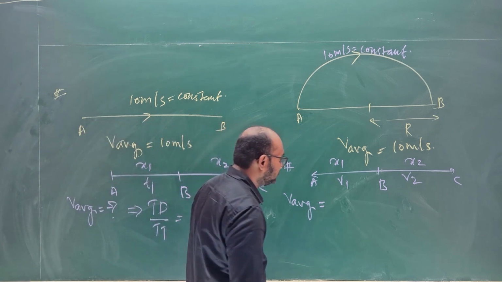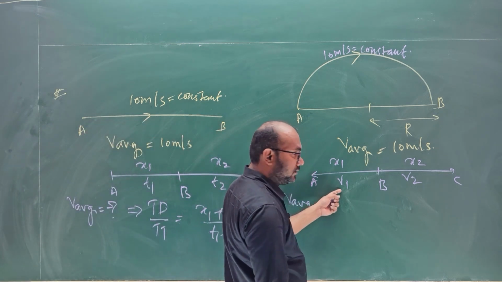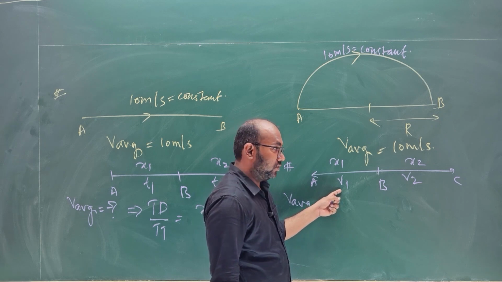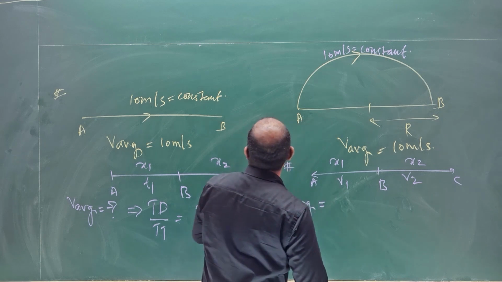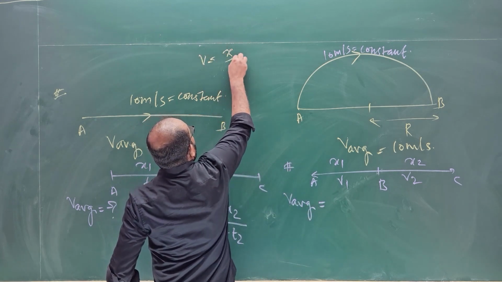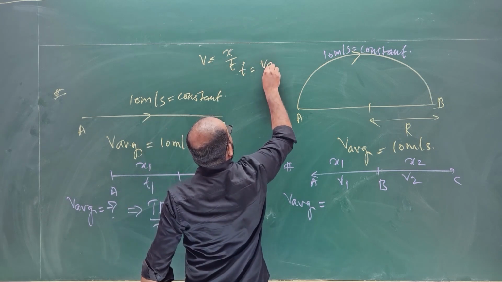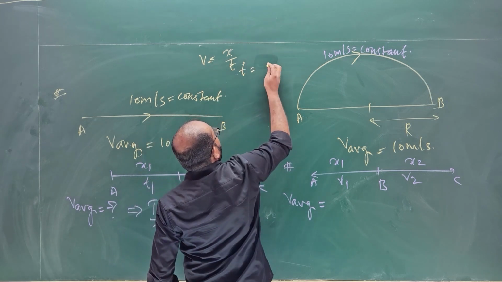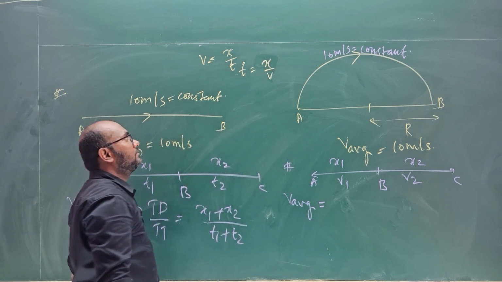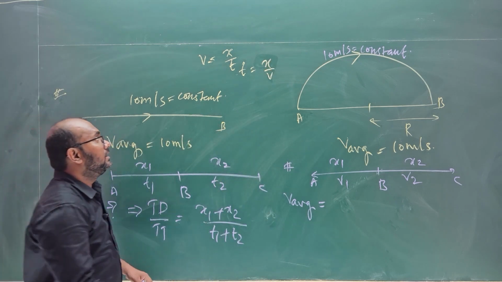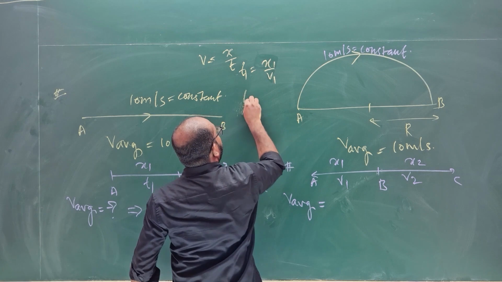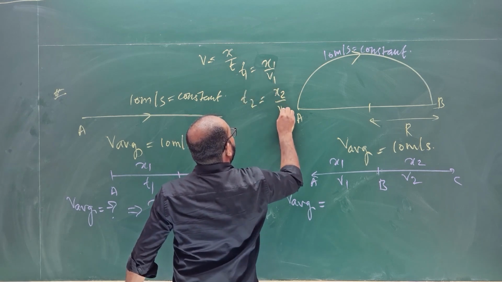Do we have T1 and T2? No. That means velocity is nothing but distance upon time, so time can be written as x upon v. Similarly, T1 can be written as x1 upon v1 and T2 can be written as x2 upon v2.